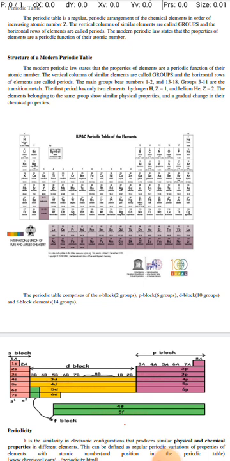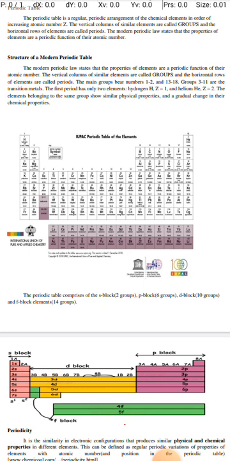And the horizontal rows are called periods. For example, look at the hydrogen that I first mentioned here. It's at one extreme end of the periodic table. Now look at the other end, and you will discover you have helium there. So that's a period, and that's horizontal.